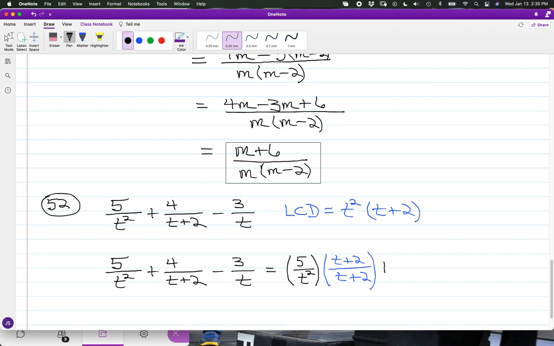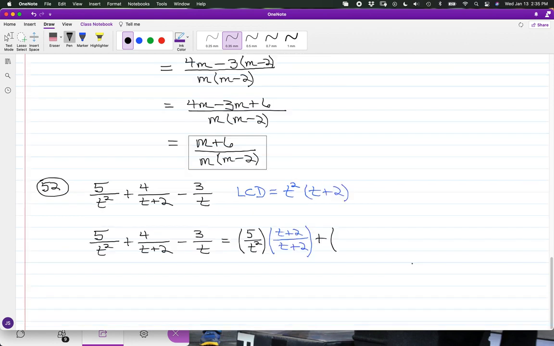Next, plus 4 over t plus 2. We have the t plus 2 factor, and we have t squared to work with.